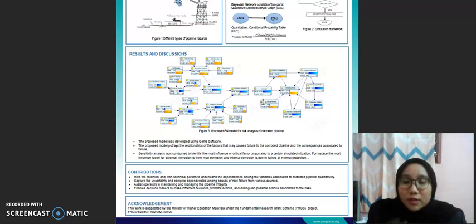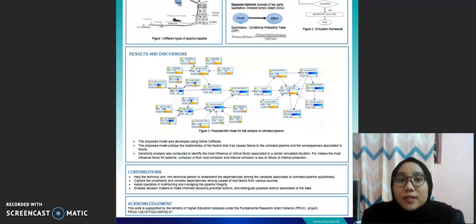And the noisy OR model can also capture the uncertainties and complex dependencies among causes of root failures from various sources, and it can assist operators in maintaining and managing the pipeline integrity. By using the noisy OR model, it enables decision makers to make informed decisions, prioritize actions, and distinguish possible actions that are associated with the risk.